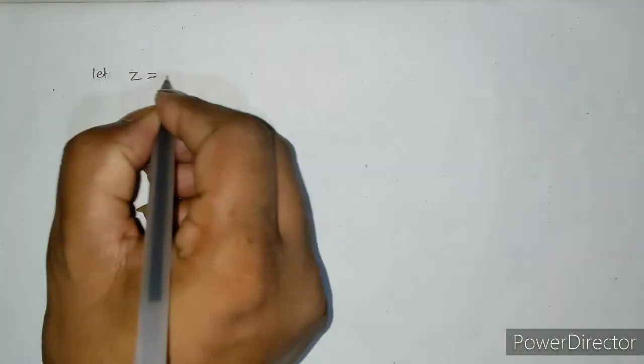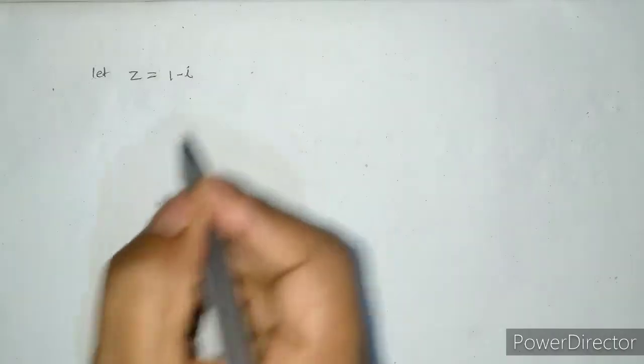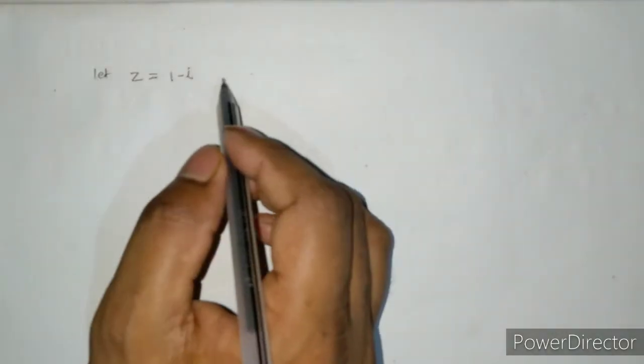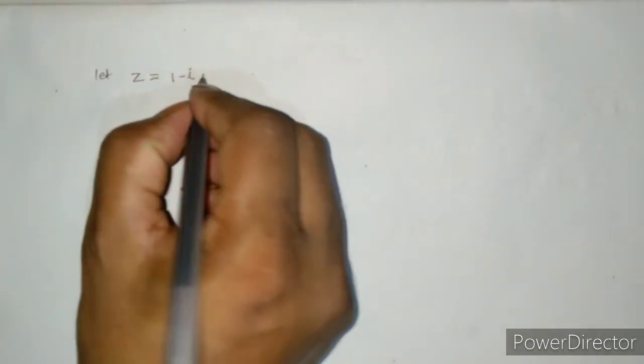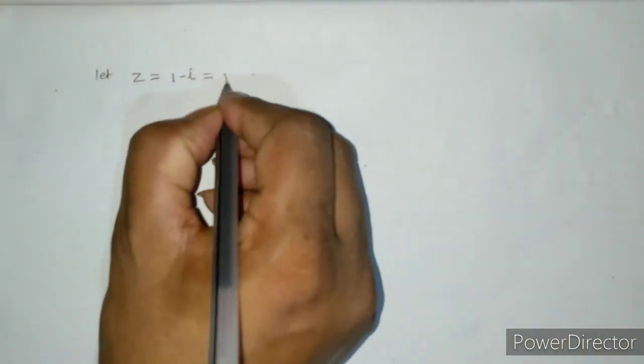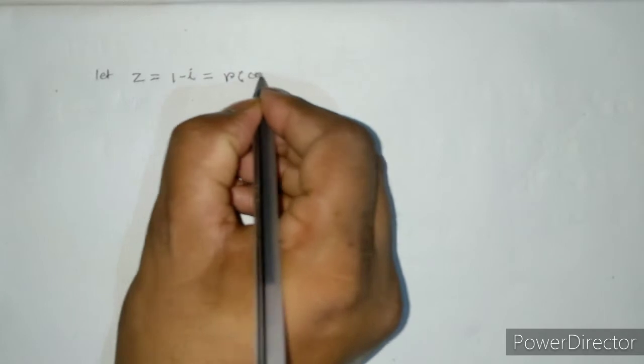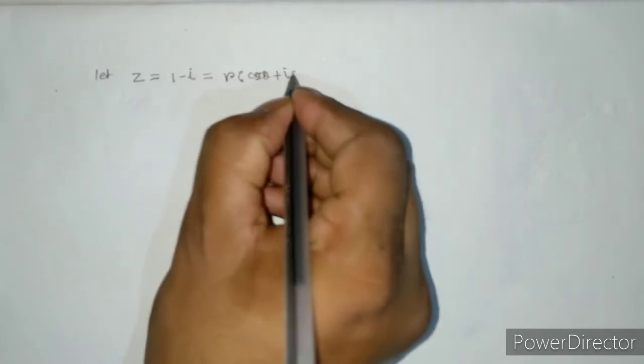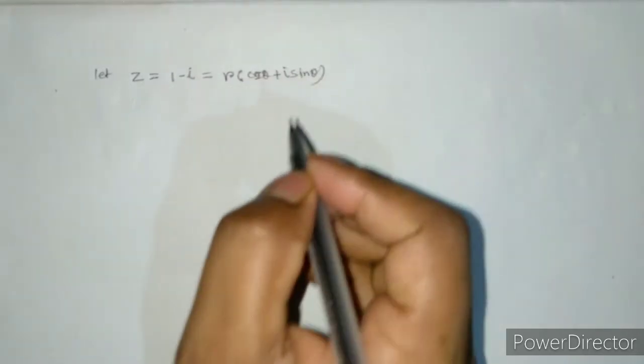Let z equal 1 minus i be a complex number, and we can write this in polar form, r cos theta plus i sin theta.